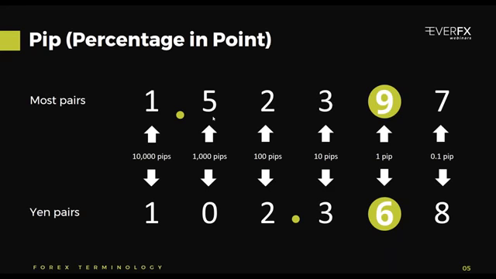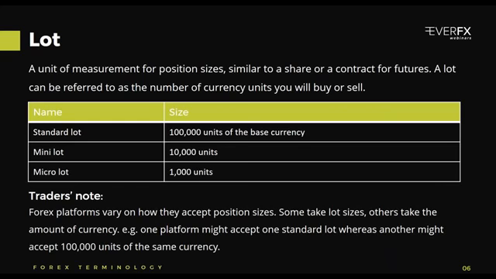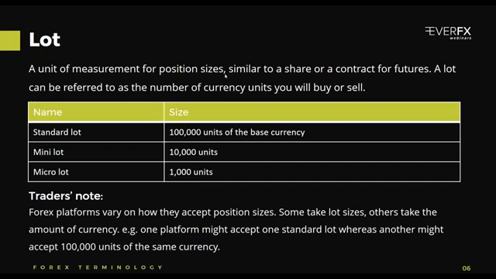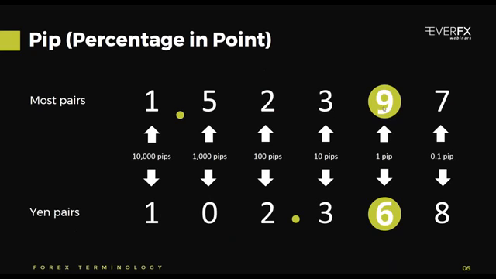A standard lot is 100,000 units. For a standard lot, the potential return or loss is about $10 for every full pip move, the fourth digit from the left.